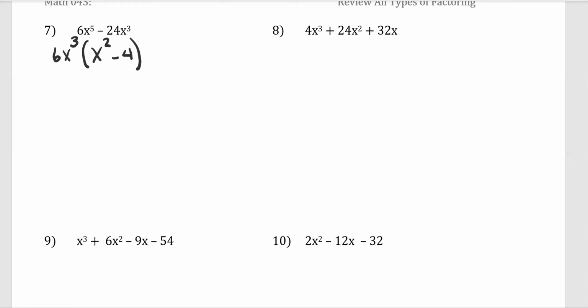Now you might notice x squared minus 4 is a difference of perfect squares, and that will factor into x minus 2, x plus 2.